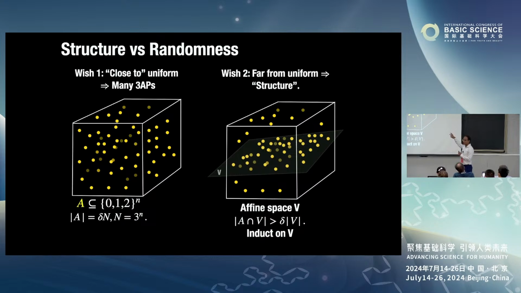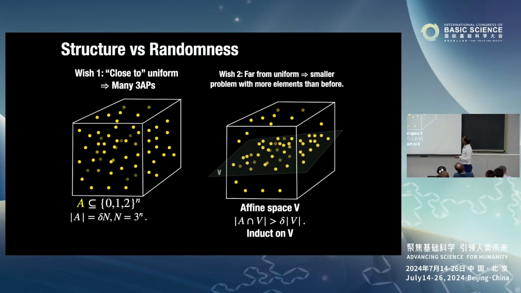In this affine space, I have basically the same problem as before, but I'm in a better condition because my density is higher and my dimension is smaller. So I can presumably use induction on the density or whatever. Either way, I'm ending up with a smaller problem with better density than what I started out with. At some point, you can hope to win by this.